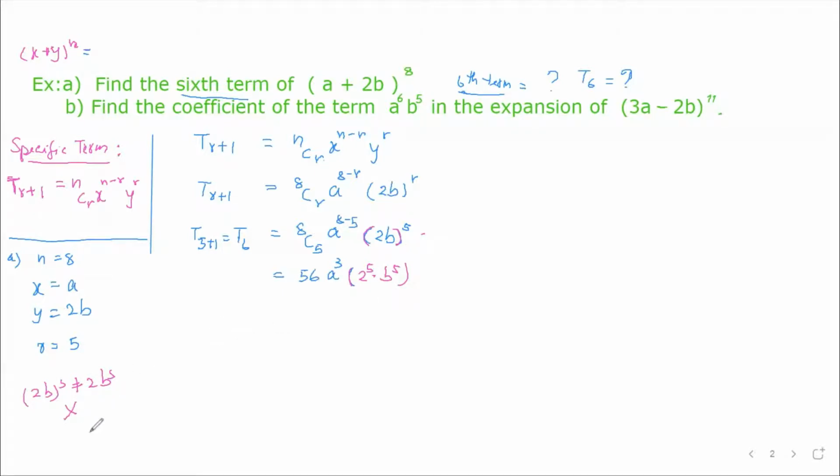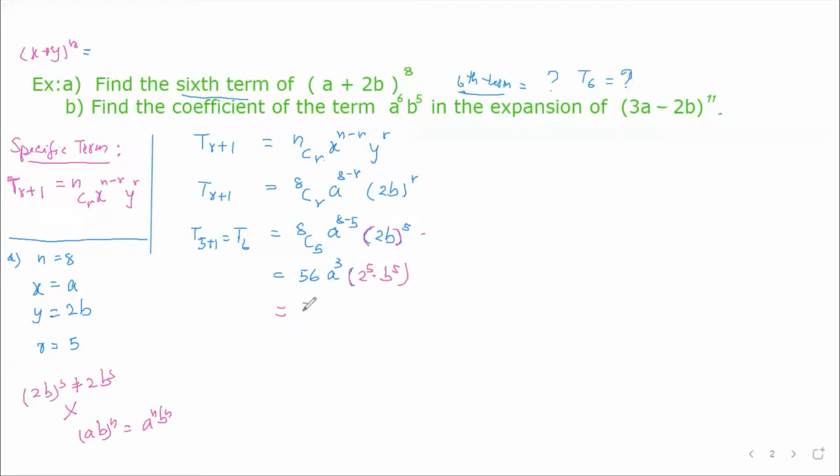From the formula we learn, for example, ab power n has to come out as a power n b power n, okay? The exponent formula you learned last semester. Now we simplify this one. So you have 56 a power 3 times 2 power 5.